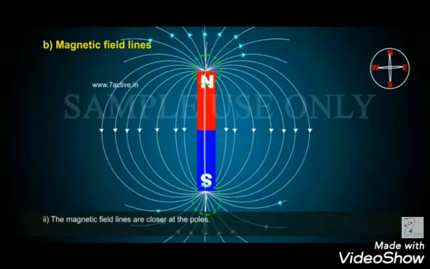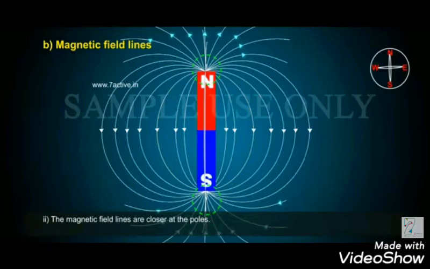You can observe there, the arrows are marked there. From north to south arrow marks are there, pointing towards south. So, the field lines emerge from north pole and merge at south pole. That is the first property.